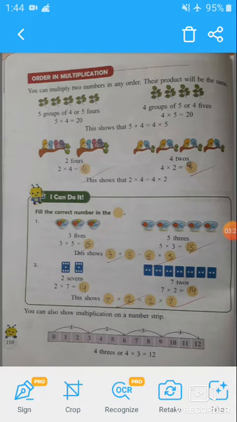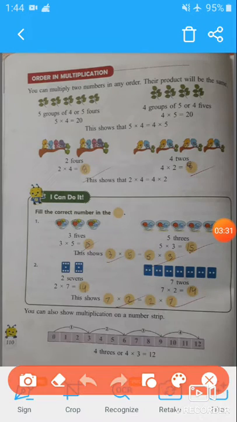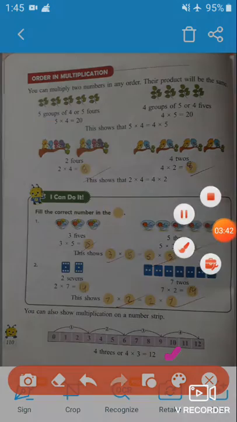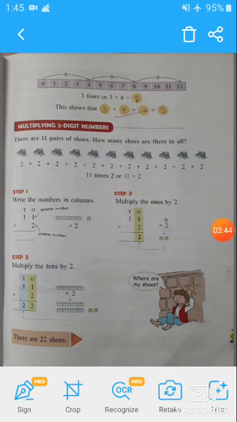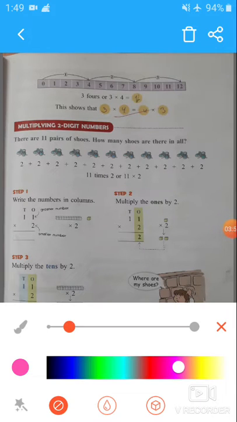Students, look here. How to show a multiplication on a number strip. Here 4 threes or 4 multiplied by 3 equals 12. Now here also on a number strip: 3 fours, or 3 multiplied by 4 equals 12.